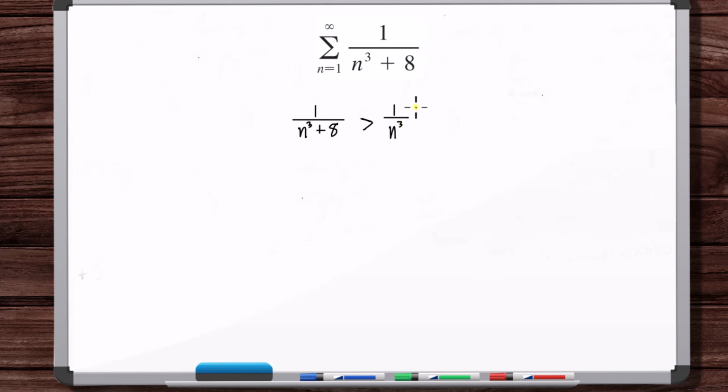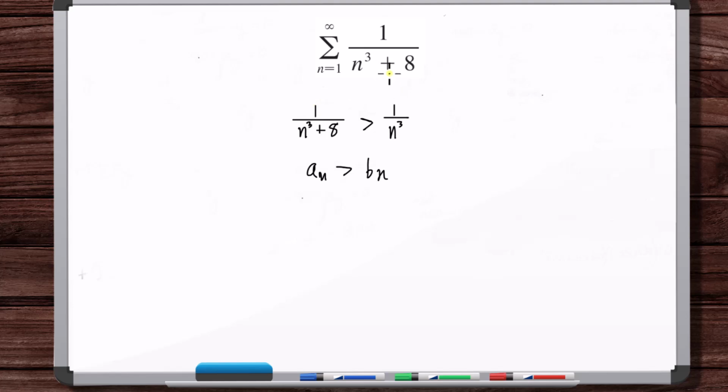I want to use this as our b sub n, with a sub n being the given term, because just by removing the 8 here, we get a new sequence that is either always greater than or always less than our main sequence.